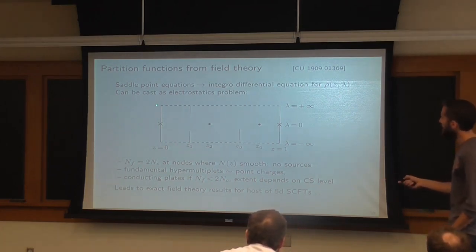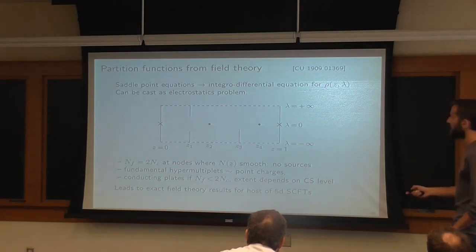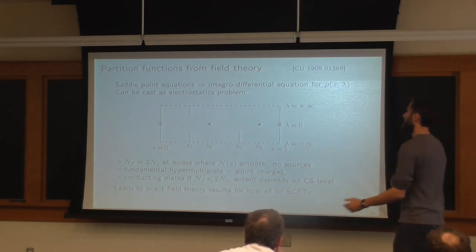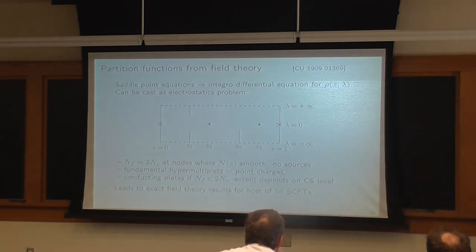In a cavity, where at the beginning and at the end of the quiver I have certain boundary conditions, in between fundamental flavors appear as point charges, and at some points you can have conducting plates in the cavity. That happens whenever the number of flavors is less than twice the number of colors.